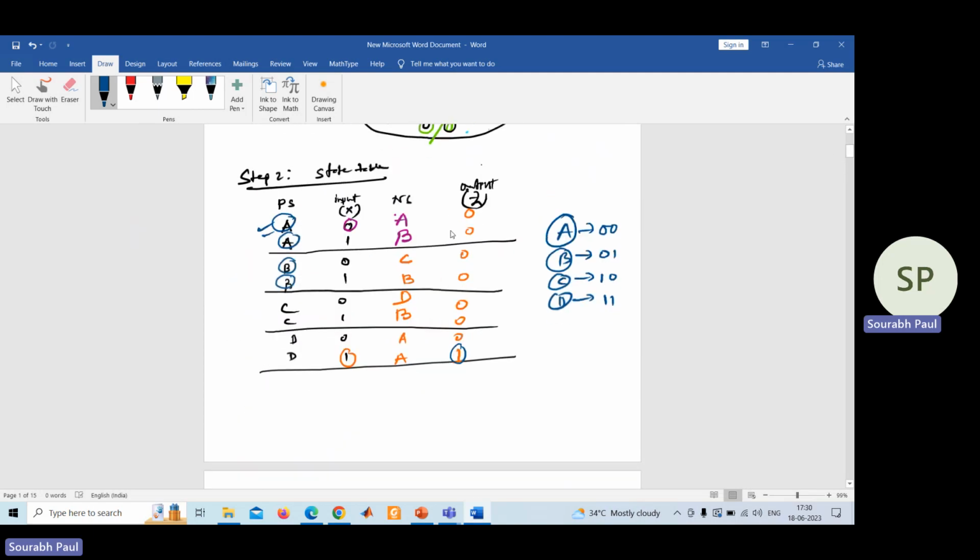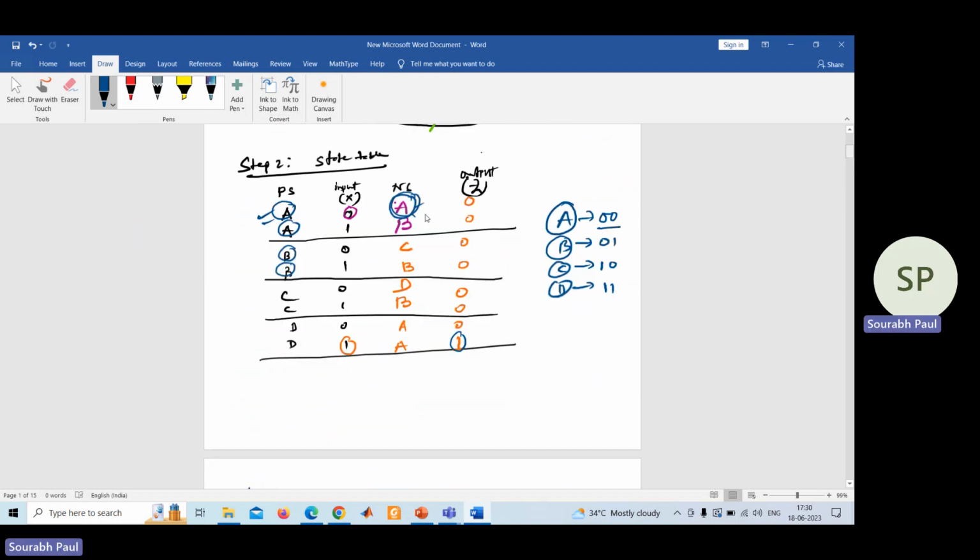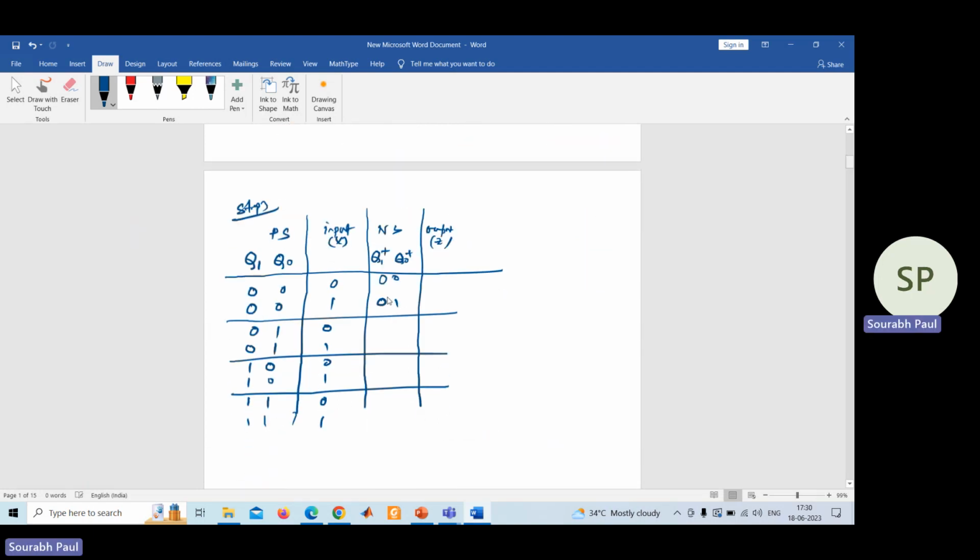Now, in the first case, the next state was A. So A means you have to use 0, 0. Then it is B. B means 0, 1. So like that, you replace all the variables by these values. Then you have 1, 0, 0, 1, 1, 1, 0, 1, 0, 0, 0, 0. Okay. And what are the outputs? 0, 0, 0, 0, 0, 0, 0, 1.